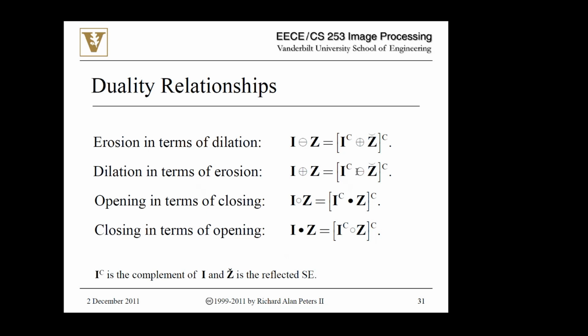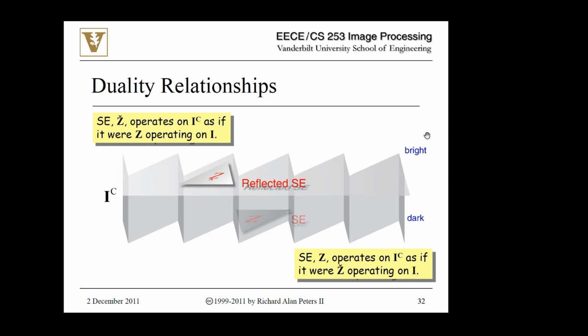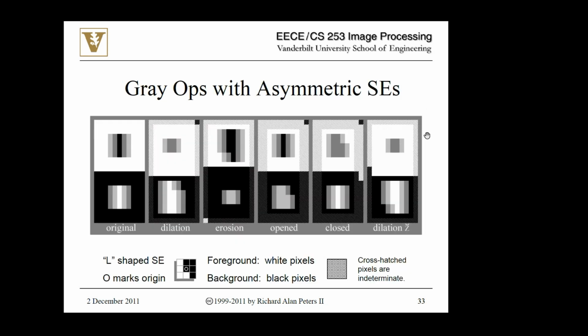Complement of erosion: the first image you have to complement, the second one you have to reflect. And you also have properties for opening and closing. The complement of closing is opening, and the complement of opening is closing.